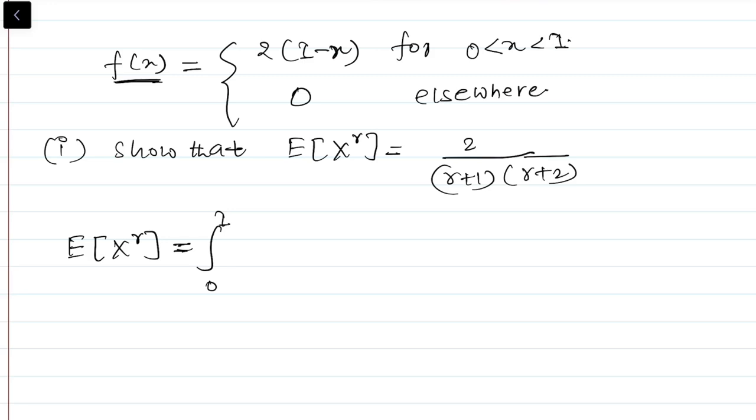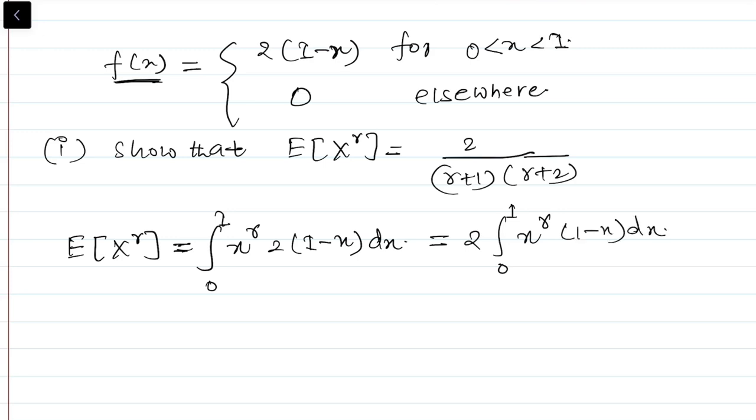Inside the bracket we have x to the power r, and the PDF is 2 times (1 minus x), and dx. Now we need to solve this integration. We can separate the 2, which is a constant: 2 times the integral from 0 to 1 of x to the power r times (1 minus x) dx.